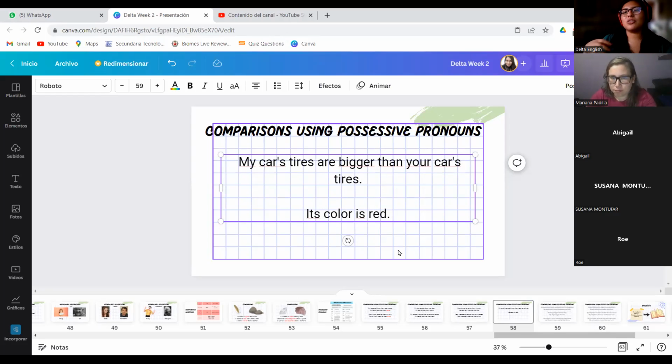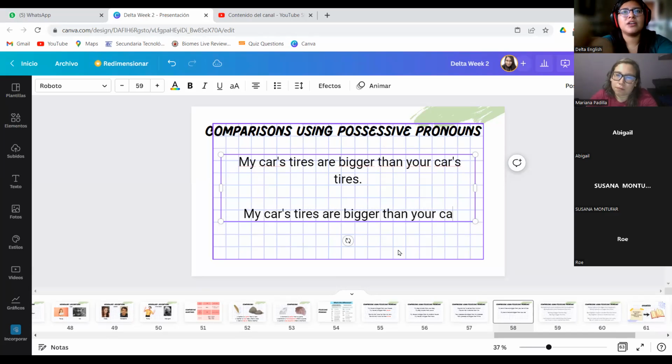El color de eso, su color, es rojo. Pero, ¿qué pasa cuando yo quiero aplicar esto que estamos haciendo aquí? Que no hay un correspondiente para its. Entonces, ¿qué puedo hacer? Pretty much the same thing. My car's tires are bigger than your car's. ¿Qué dice aquí?